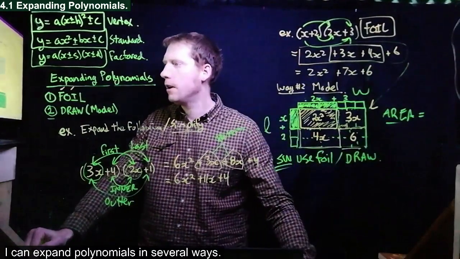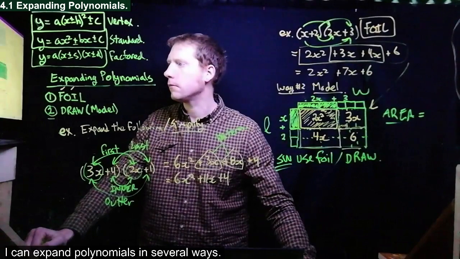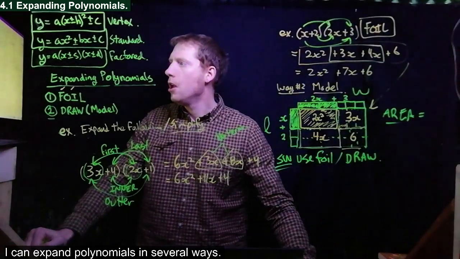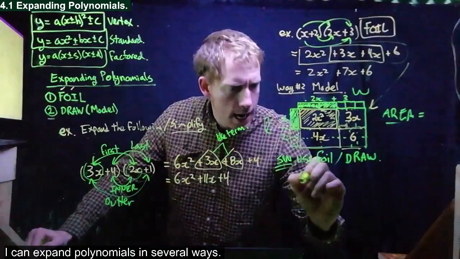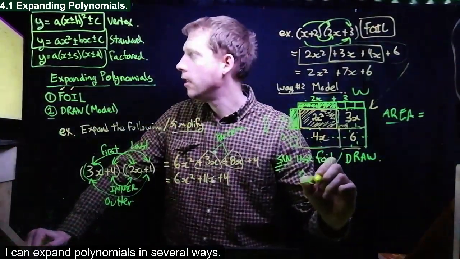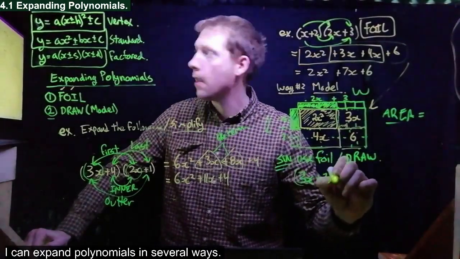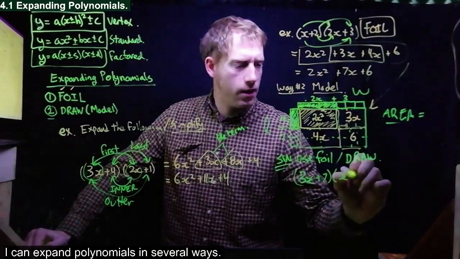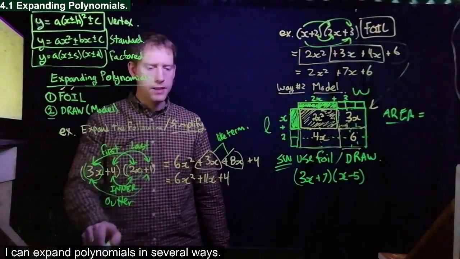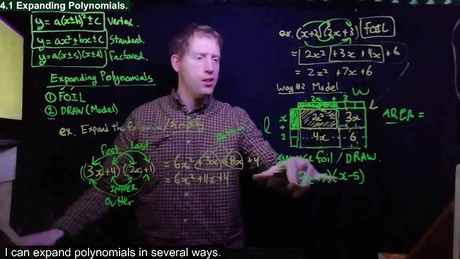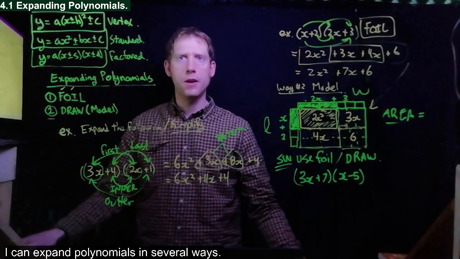Okay, I'll give you one right here. 3x plus 7, x minus 5. I want you guys to have a try and solve this using FOIL and then draw what you have and see what you get. Okay?